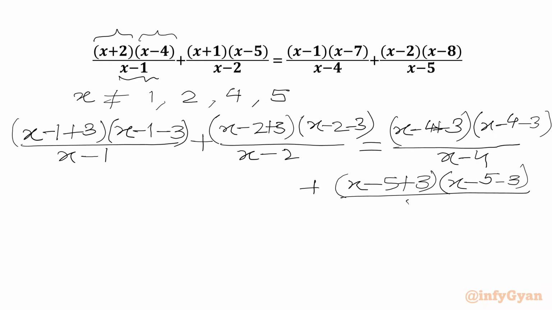over x minus 5. Now a plus b times a minus b in each of the numerators.